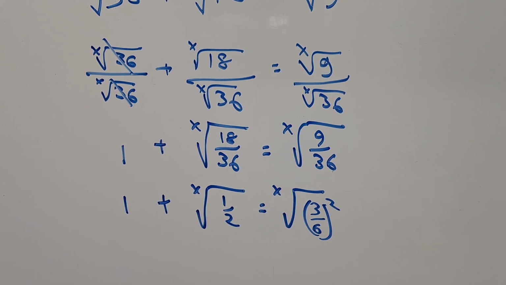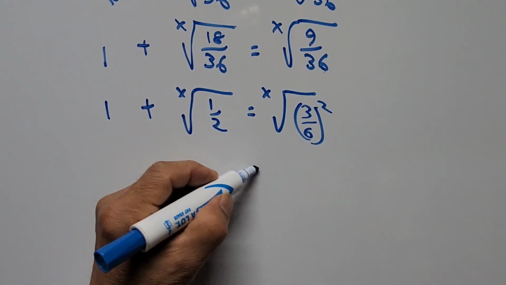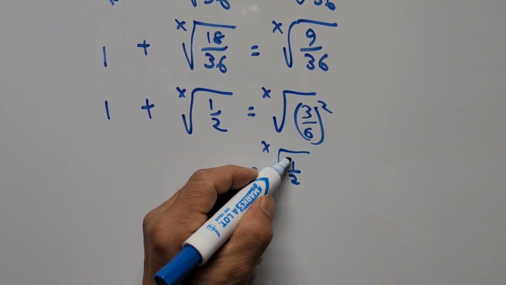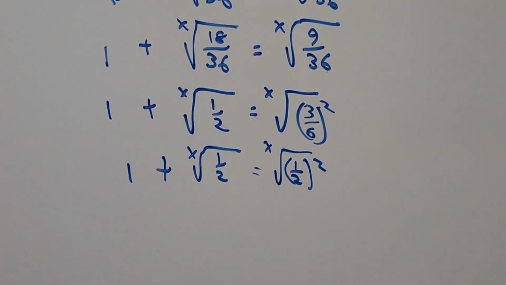And so now the right hand side can be simplified further, this 3 over 6 becomes 1/2, right? So now this is the x-th root of 1/2 squared. And the left hand side remains the same.